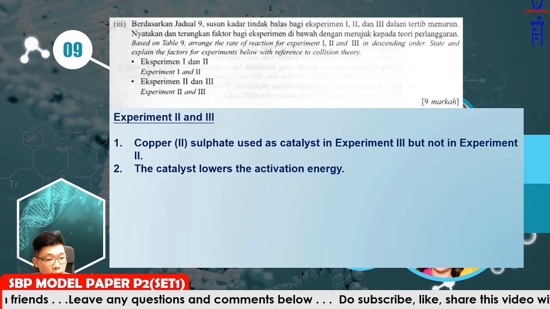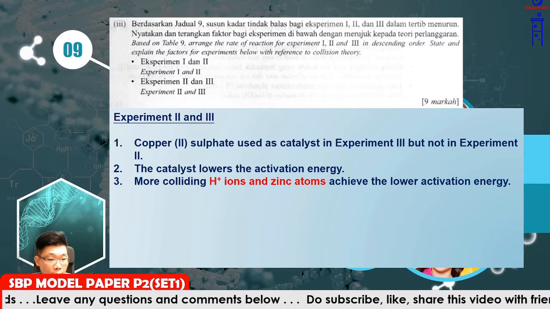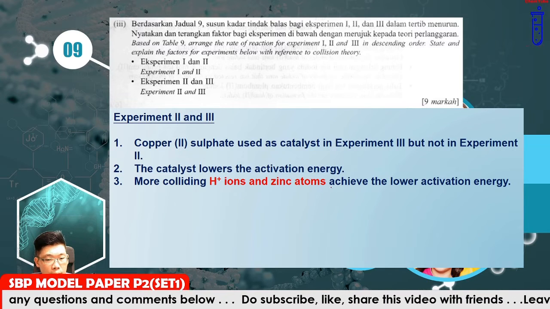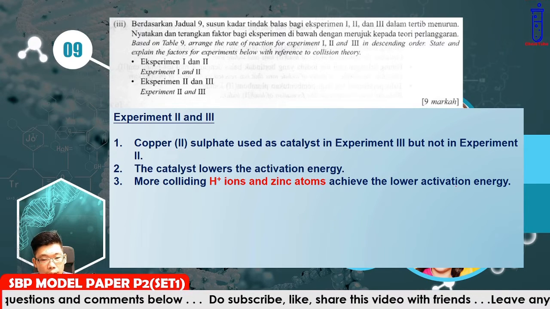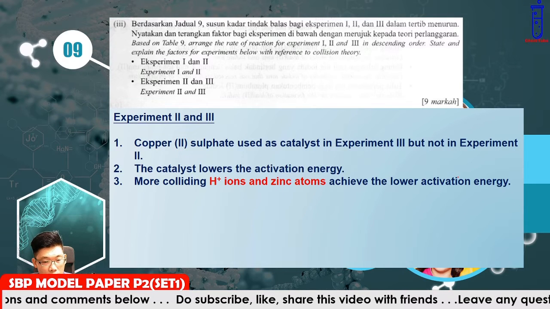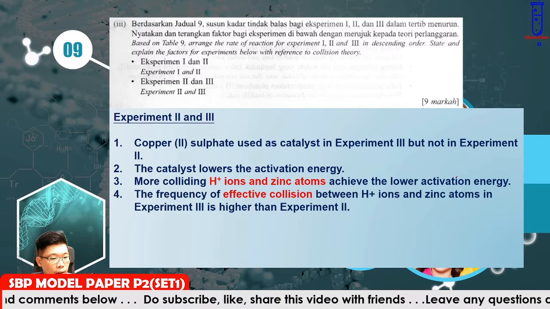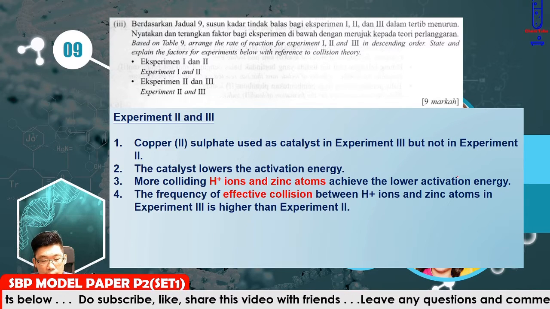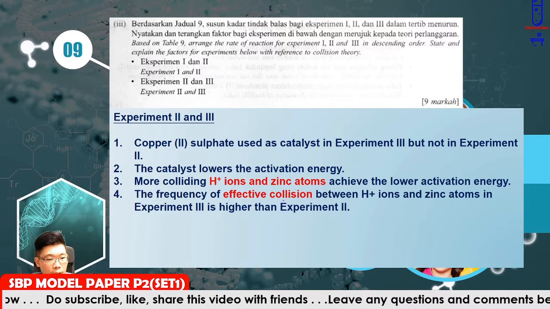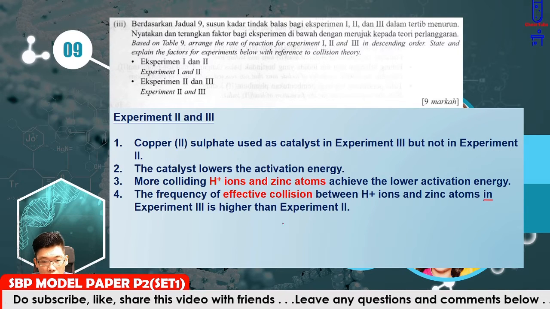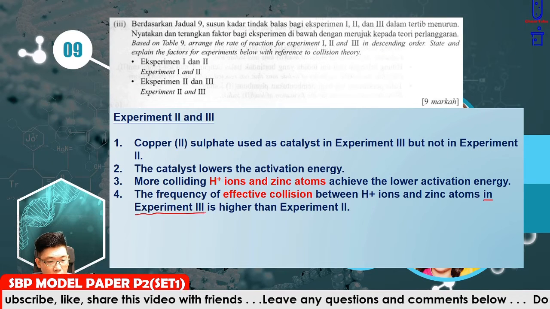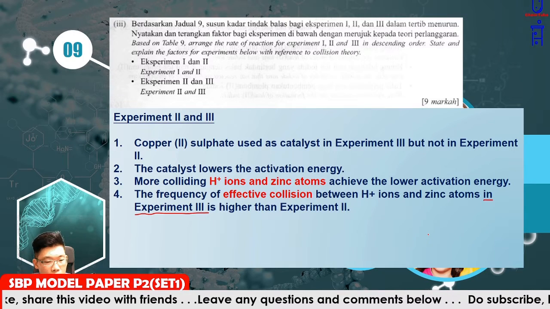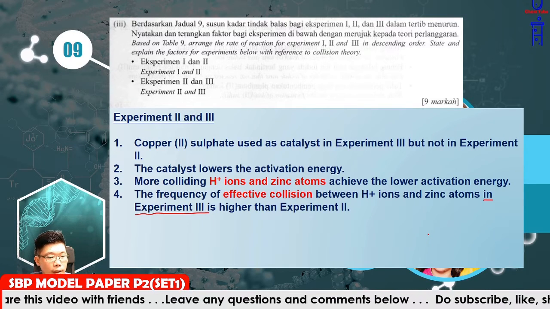Okay. So more colliding particles, you have to mention hydrogen ions and the zinc atoms can achieve the lower activation energy. Then frequency of effective collisions between the hydrogen ions and zinc atoms in experiment 3 is higher than experiment 2. You have to mention which experiment is higher. Okay, so 4 marks.